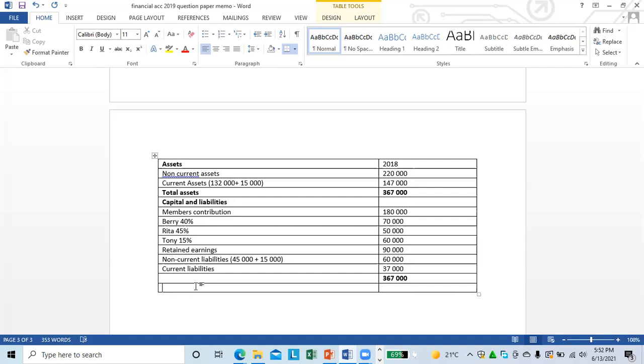More especially explain, Miss, the journal entries. Yes, because theory will just be a waste of time. Yeah. The only theory I will explain is the accounting records.